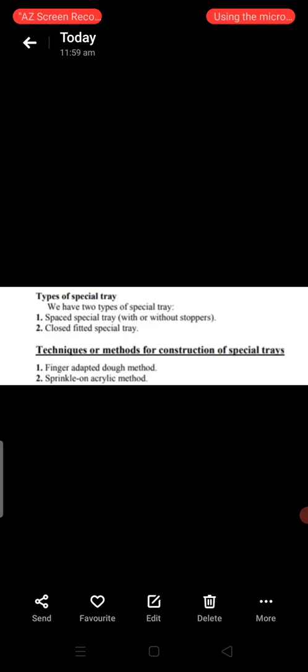Now, what is spaced special tray? In spaced special tray, on the primary cast, first we apply separating media, which is cold mold seal or Vaseline. Then we apply base plate wax. Then above the base plate wax we apply self-cure acrylic resin. When the self-cure acrylic resin sets, we remove the tray with base plate wax from the primary cast, and then we remove the base plate wax from the tray.